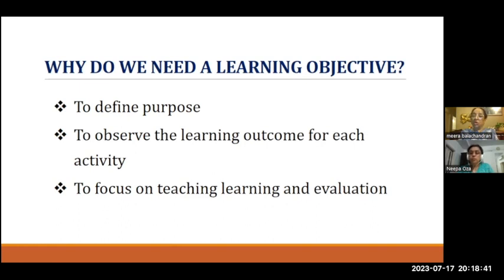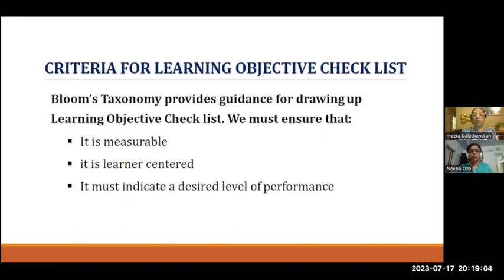So Bloom's taxonomy helps you define purpose and the learning outcome for each activity, what learning has been achieved, and how it can be evaluated. Every lesson needs a learning objective, and Bloom's taxonomy provides guidance on how to draw it up.